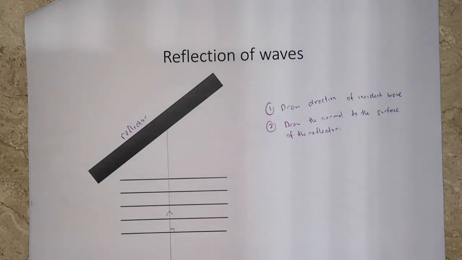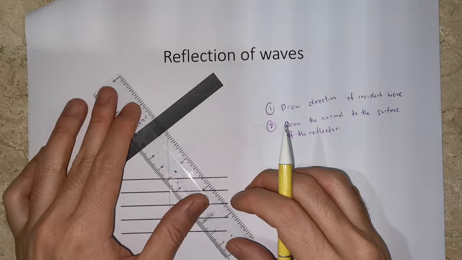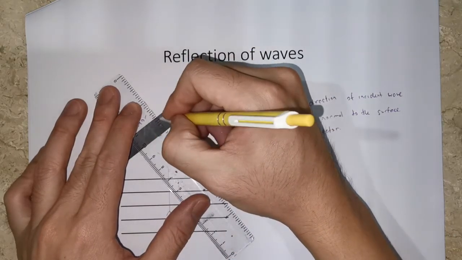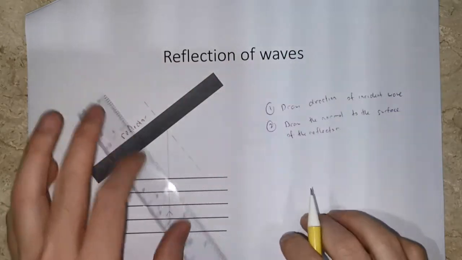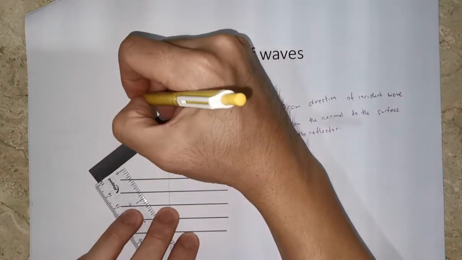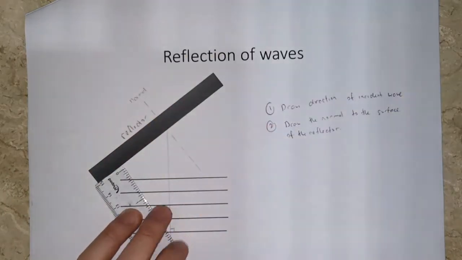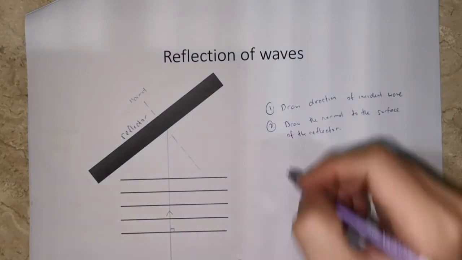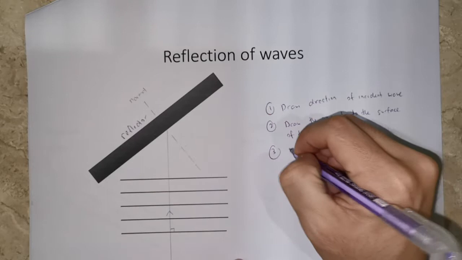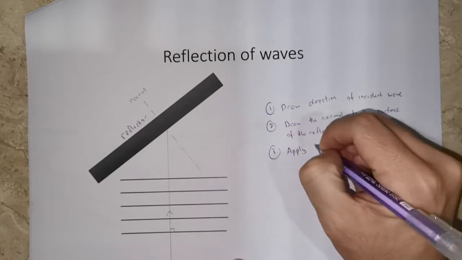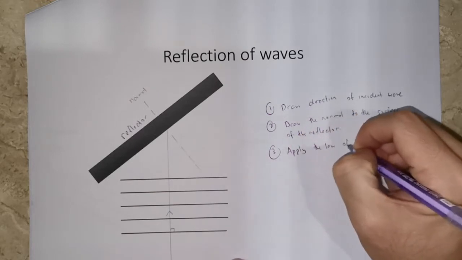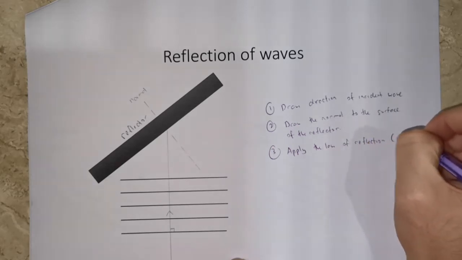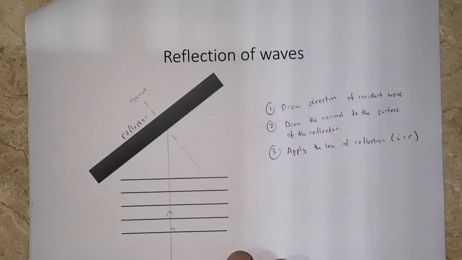In the 90-degree line, the normal line, you draw the normal right here. This is a normal. Thirdly, because this is reflection, we need to apply the law of reflection, or i equals r.